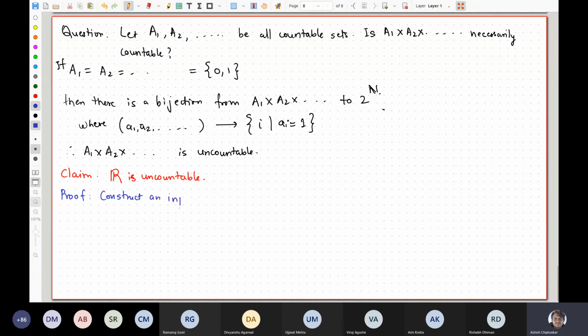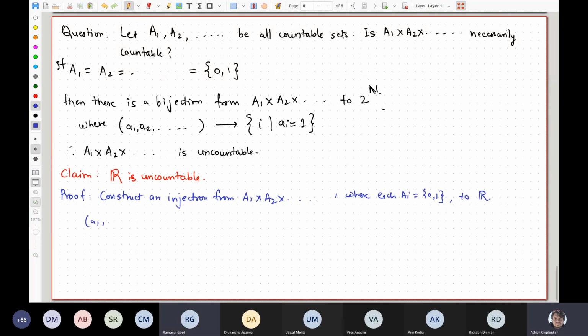Construct an injection from this set A1 cross A2 cross blah blah blah, where each AI is 0, 1, to R. And then the argument is what? What is the injection? Ramanuj, what is the injection?